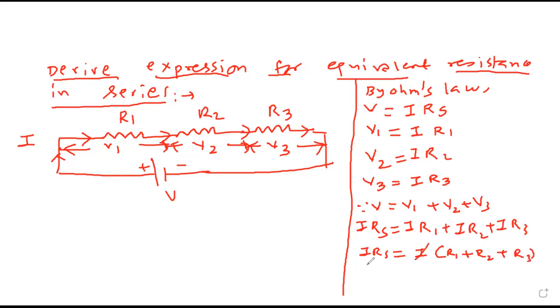I cancel. Rs is R1 plus R2 plus R3. So in series, equivalent resistance is sum of all the resistances. This they can ask you for 2 marks. Now draw the diagram and then write what I am writing below. Any doubt in understanding? I think it is self-explanatory. Yes, please draw the diagram.